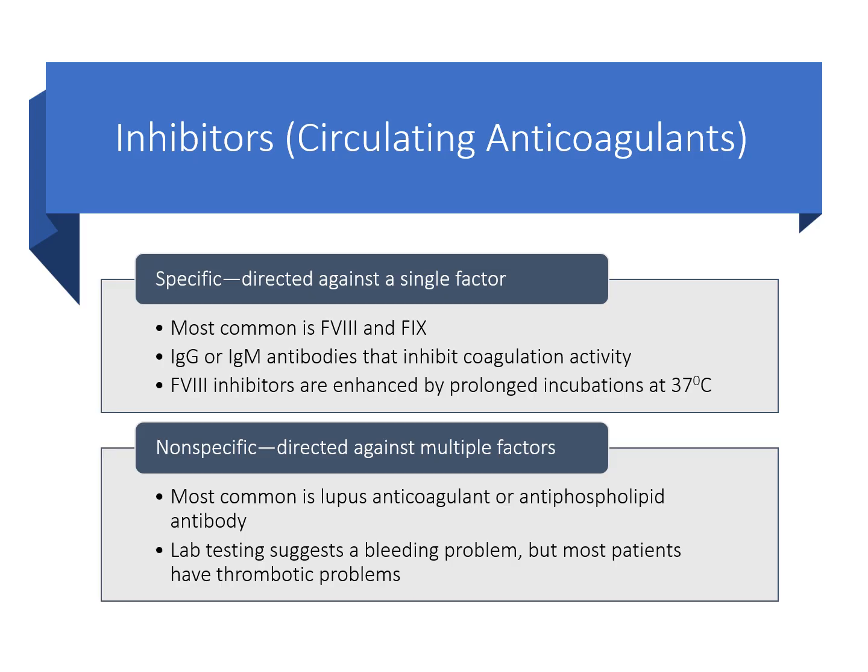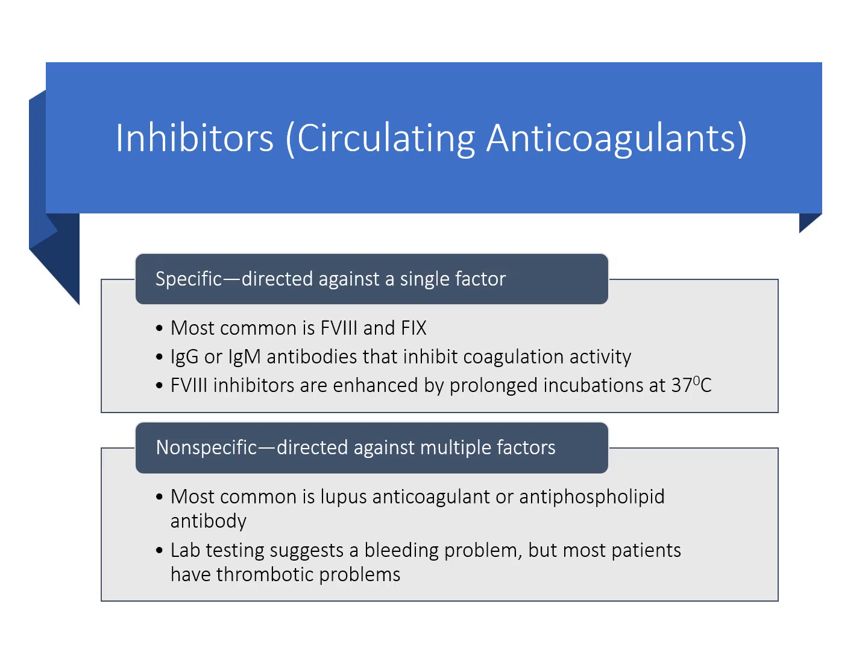So circulating anticoagulants, I had talked a little bit about inhibitors. Some of them are helpful, some of them not so much. And we're going to talk kind of about the ones that are not so much. So first and foremost, we have specific inhibitors, which are directed against a single factor.